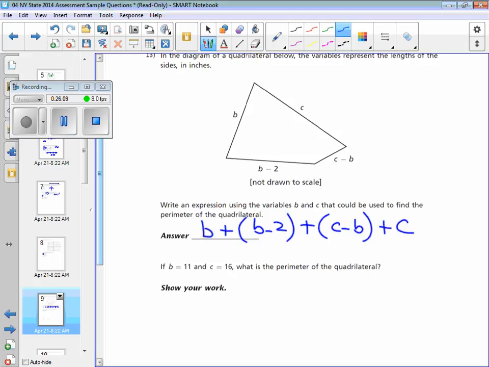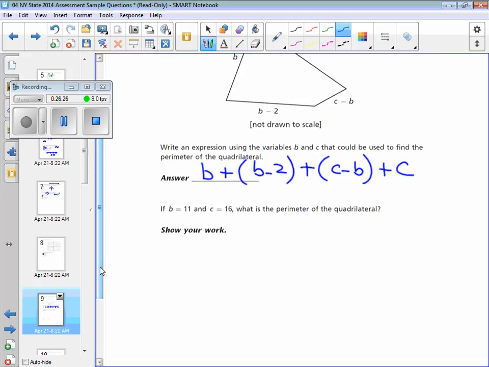And that's all they want you to do for that. And then I've been telling you nonstop for the last 3-4 weeks, substitute, evaluate, substitute, find an answer. So much of this stuff is substituting what they give you. They give you 11 for B and 16 for C. I'm going to swap it in wherever I see a B and a C.